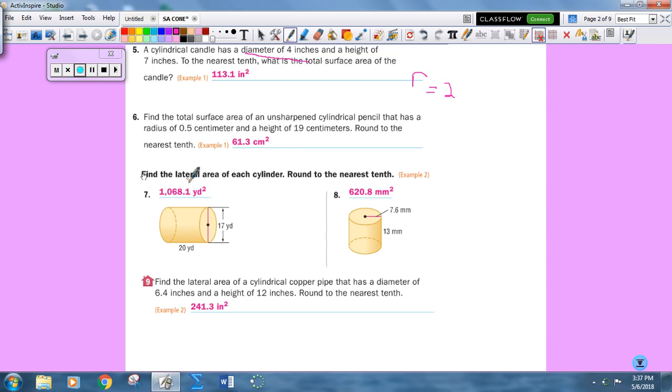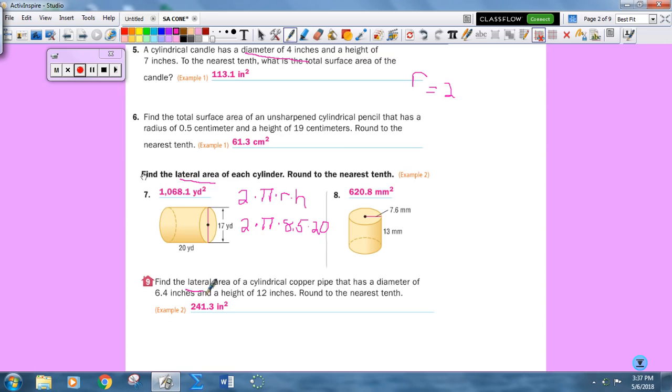On 7 and 8, we're looking for just the lateral area. So the lateral area, remember, is your 2 times pi times r times h. Here the first thing I would do is divide 17 by 2, get that the radius is 8.5, so it's 2 times pi times 8.5 times 20, and I multiply that and I get that answer.